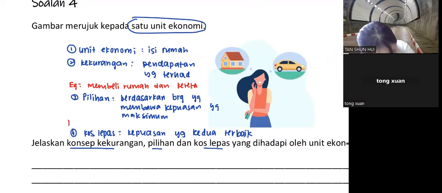So you can say, for example, rumah dipilih. Then what happened? Kereta yang membawa kepuasan yang kedua terbaik akan menjadi kos lepas.